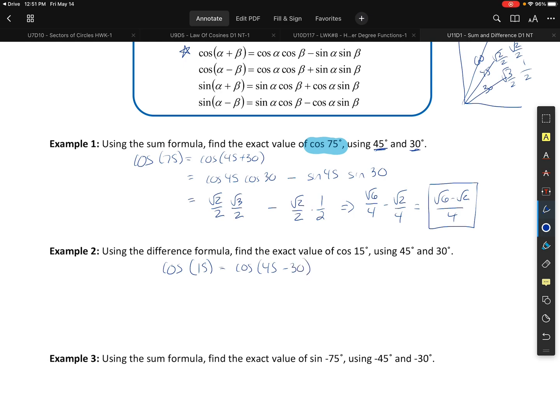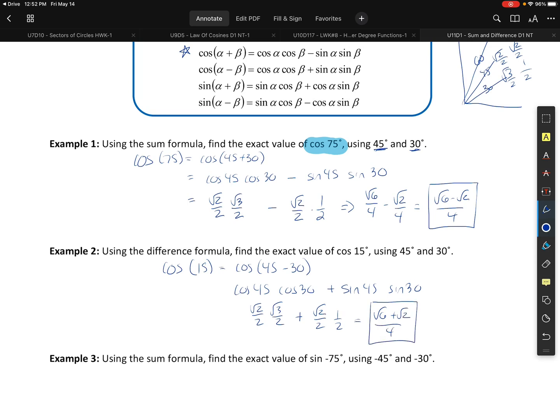So we expand with the formula, cos 45 cos 30 minus sine 45 sine 30, which gives us rad 2 over 2, rad 3 over 2 minus rad 2 over 2, 1/2. And we get, oh, my bad, wrong formula, plus. It always throws me off that the minus actually has the plus in it. Rad 6 plus rad 2 over 4.